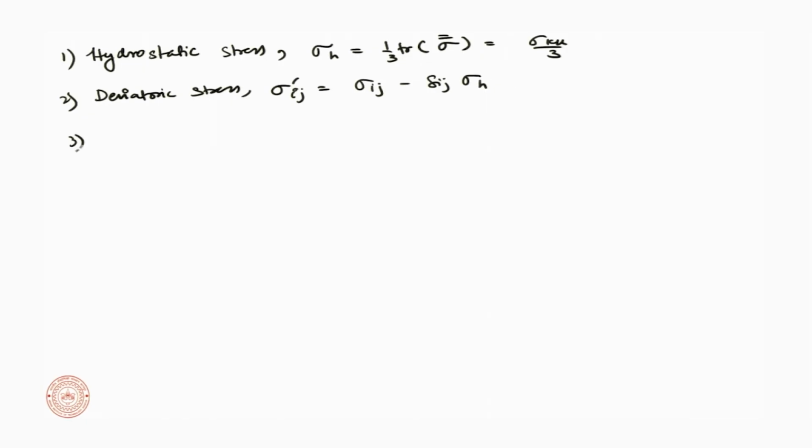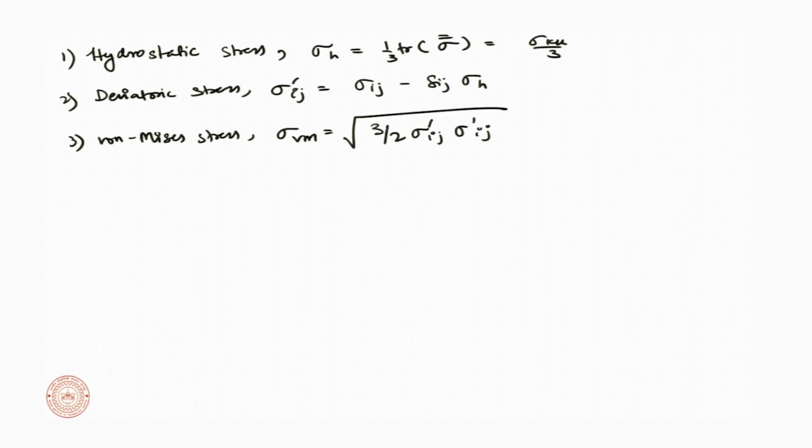And then we will have our von Mises stress, which is given by sigma Vm, which is square root of 3 by 2 sigma dash ij sigma dash ij. Okay. So, we have a tensor collapse. So, a double dot product between our two deviatoric stress tensors, into 3 by 2, and square root of that will give us the von Mises stress.